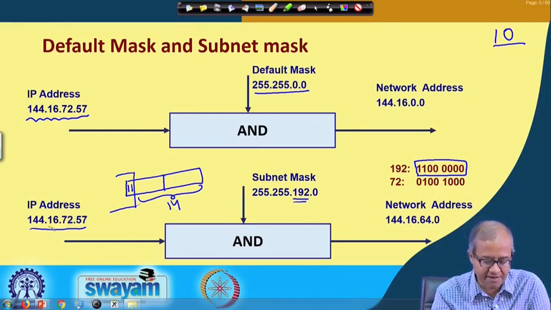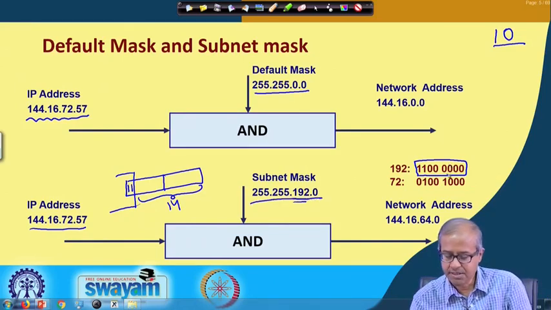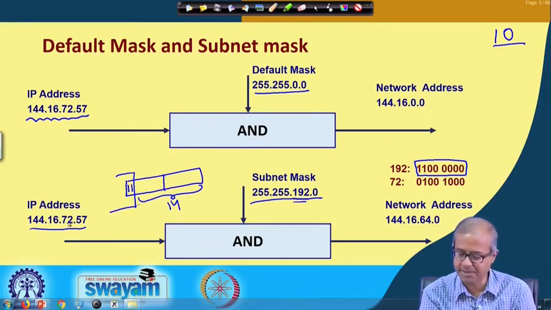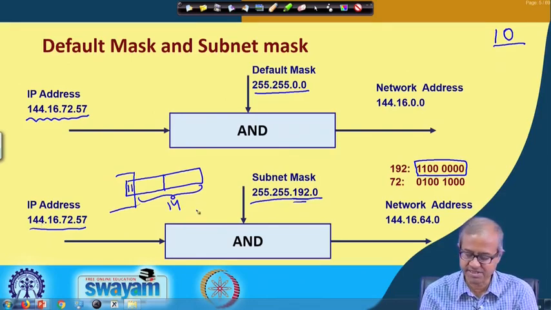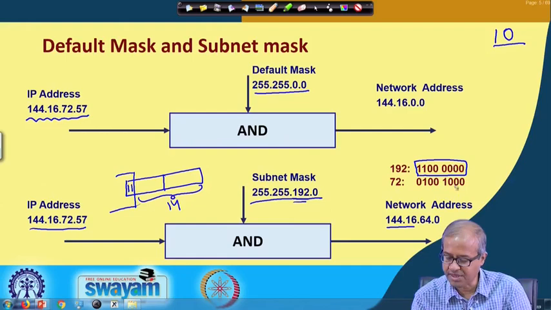So, if I have an address like this and if I have a subnet mask like this, if I do a bit by bit AND again, you can see 144.16 will remain, and with 192 and 72, if you take a bit by bit AND, these bits will all become 0, only this 1 will remain, 0 1 0 0 0 0 0 0, which is 64.